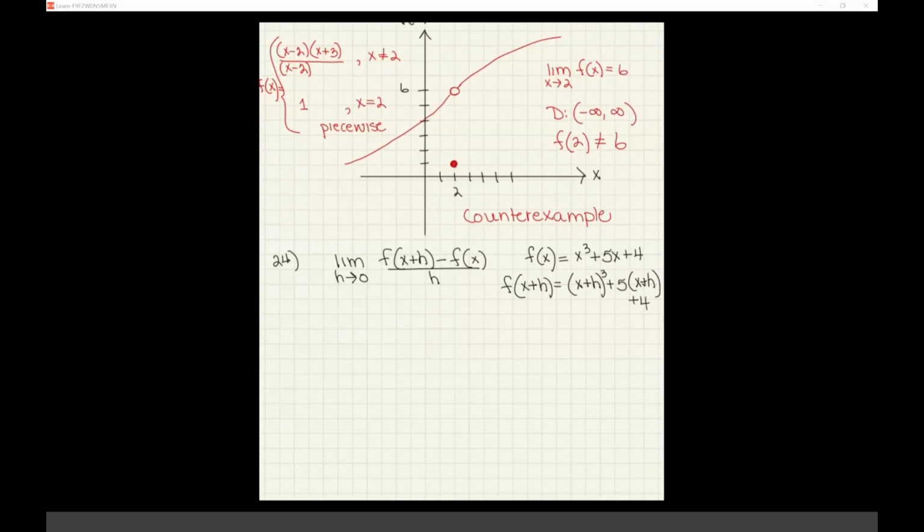I'm just substituting x plus h in there. Now you might remember from what we did before, there was a certain pattern to what came out of this when we cubed a binomial in one of the other problems. You can do x plus h times x plus h times x plus h.